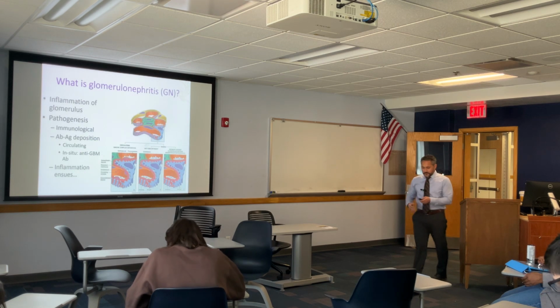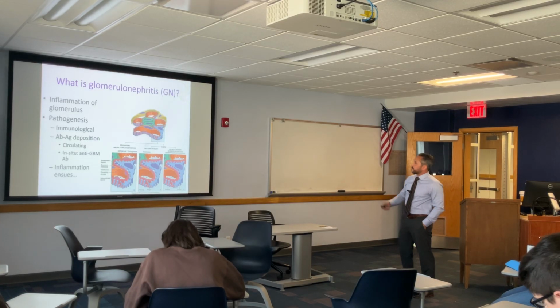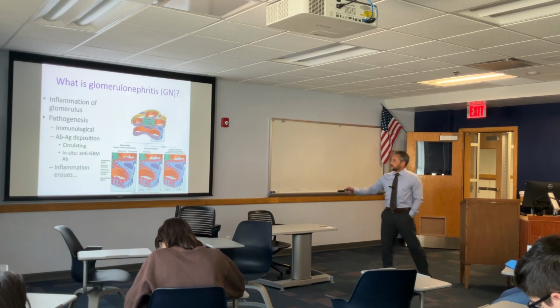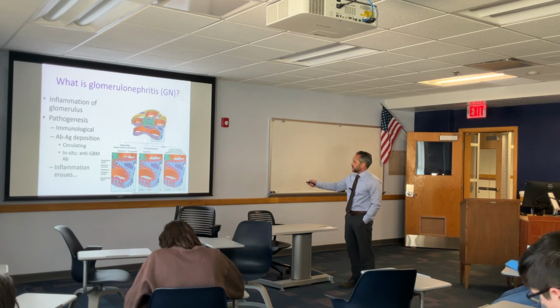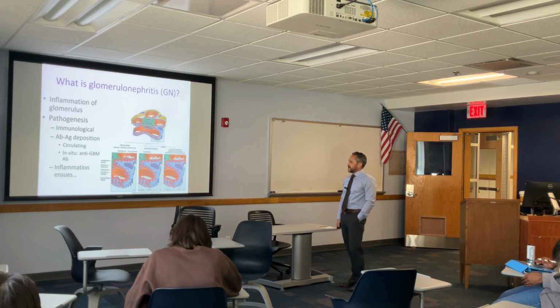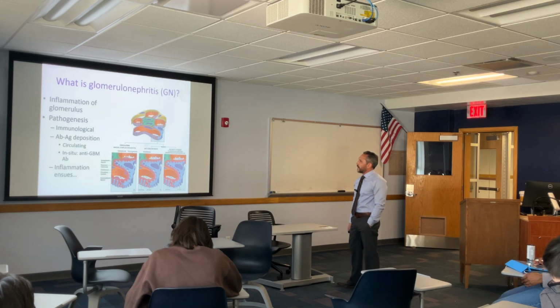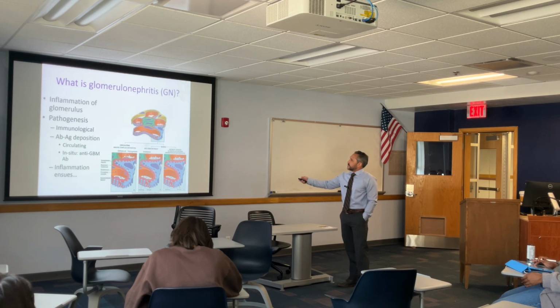So let's talk first about glomerulonephritis, abbreviated GN. This is a diagram that you're looking at here at the level of the basement membrane of a glomerulus. This little rectangular box is what's being shown in these three pictures.